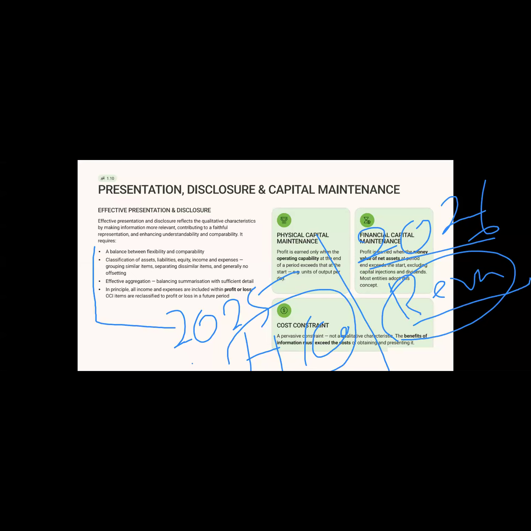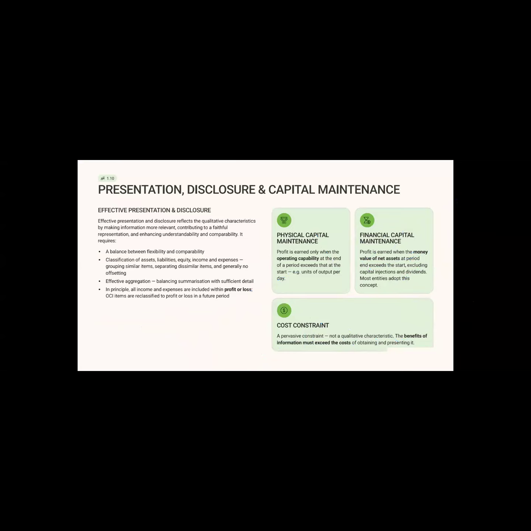And when you are classifying the elements, that is asset, liabilities, equity, there should be similar items and dissimilar items. That means you should be able to identify the item easily.